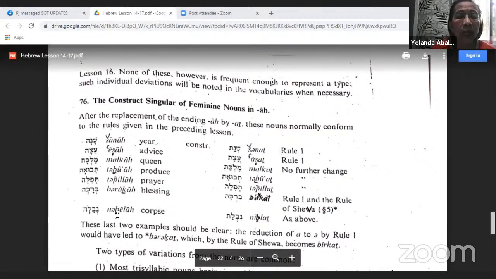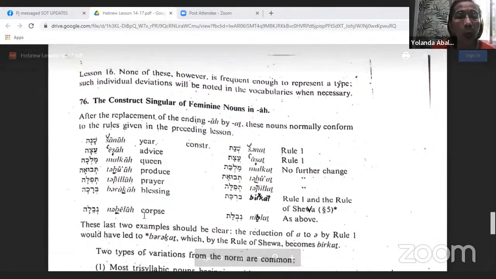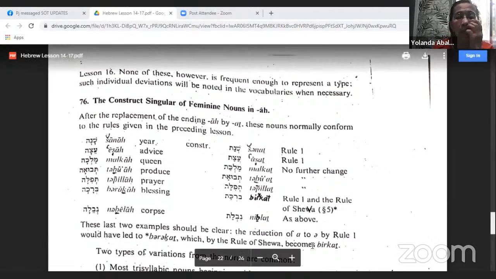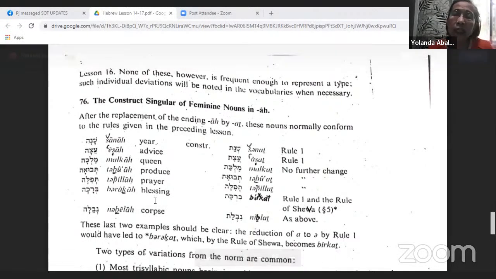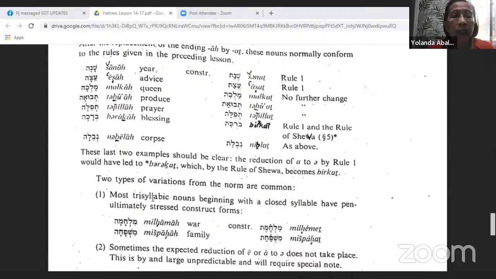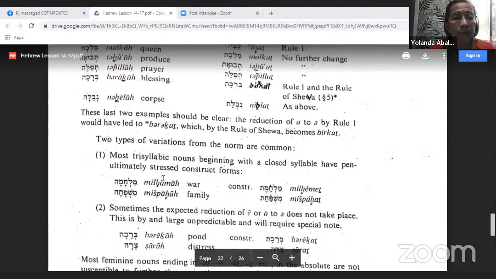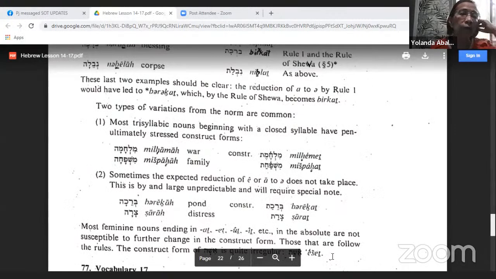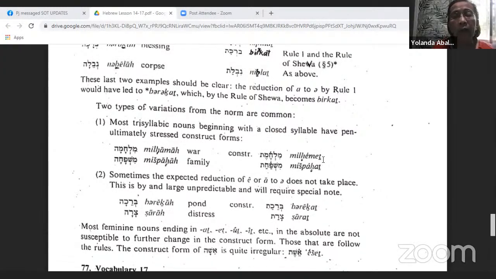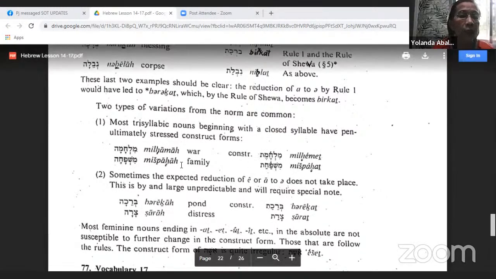Then we have nevela, the corpse. Nevelat is the corpse of. You could say the corpse of a bird, the dead bird. So we have milchama as war, milchemet, the wars of. Mishpacha, family. Mishpachat, the family of.